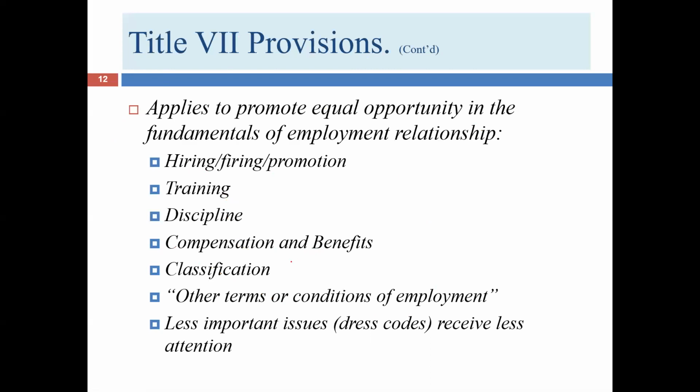Classifying people, since certain classifications might have more status or more upward trajectory in the hierarchy. And then there can be so many other things: segregation, maybe having one break room for this group and another break room for that group, different bathroom facilities, all of those things. But even though it seems very broad, it's not endlessly broad.